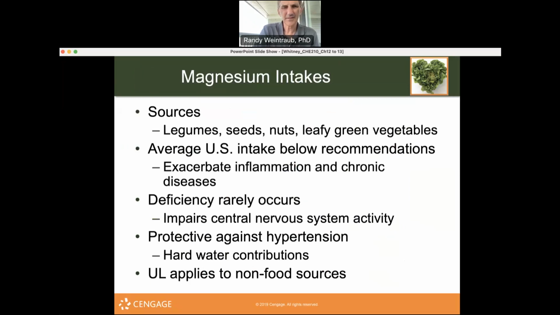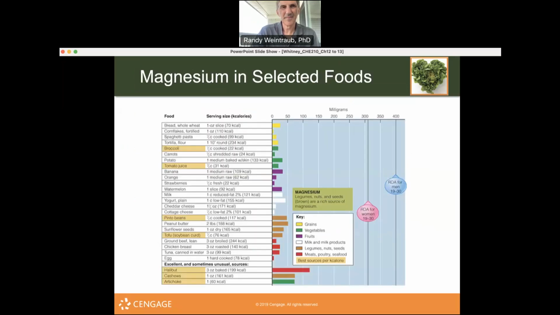It is protective against hypertension. Again, it's present in hard water, so hard water is preferable over soft water. So there are some good sources.